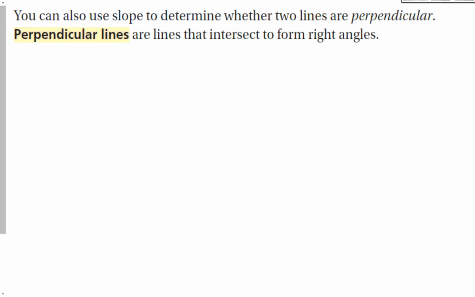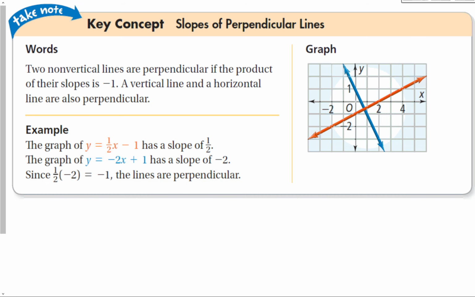We can also use slopes to determine whether two lines are perpendicular. Remember that perpendicular lines are lines that intersect to form right angles. So, two non-vertical lines are perpendicular if the product of their slopes is -1.